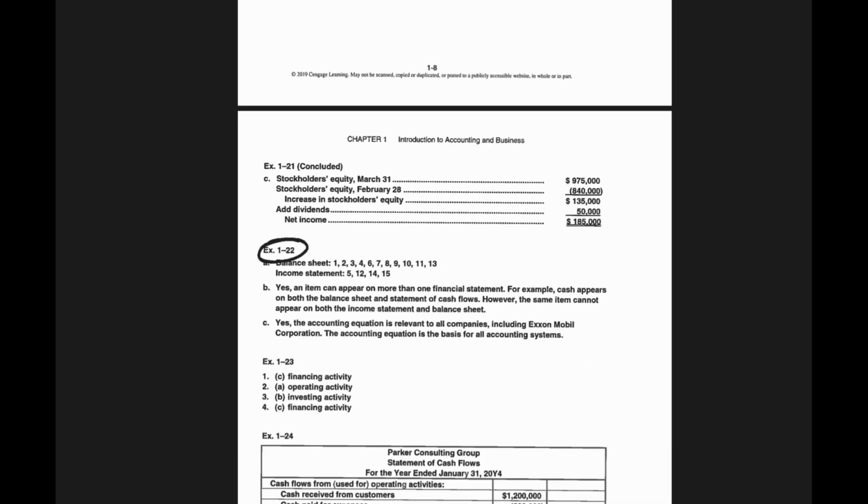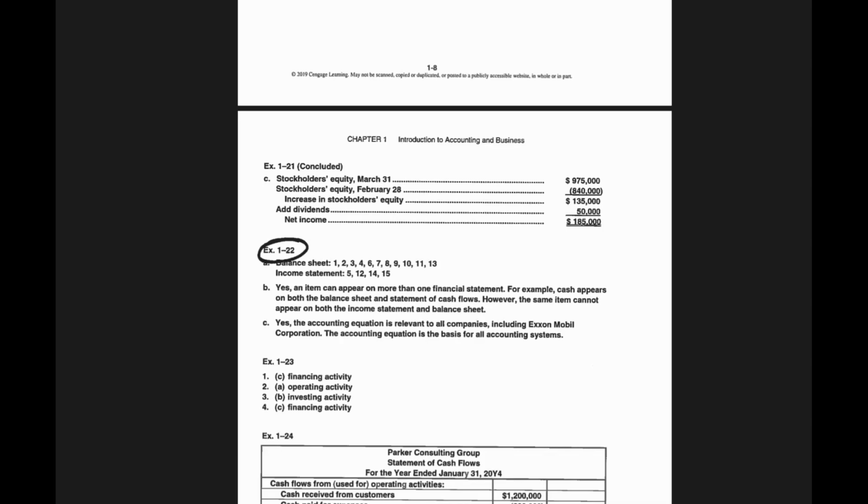A prepaid anything, prepaid rent, prepaid taxes, prepaid anything, is an asset. It's something just to remember. There was a handout that I attached to an email sent to you or found on the LMS, listing all kinds of accounts, and it tells you if it's an asset, a liability, equity, revenue or expense, and what statement it goes on.